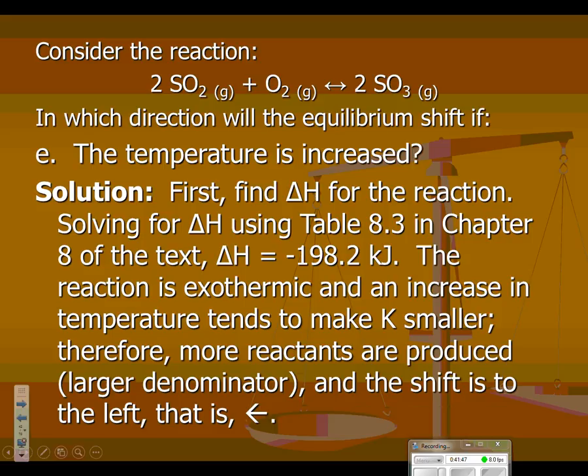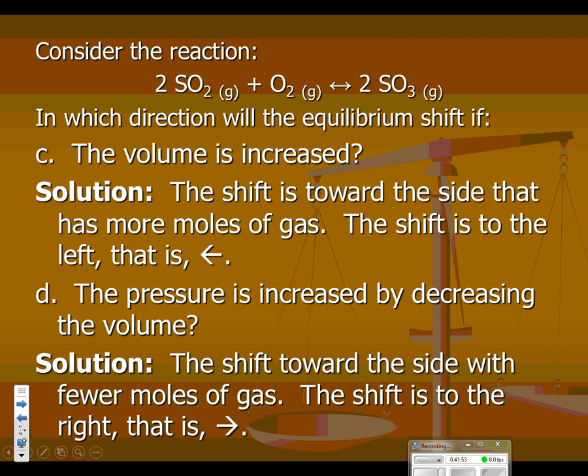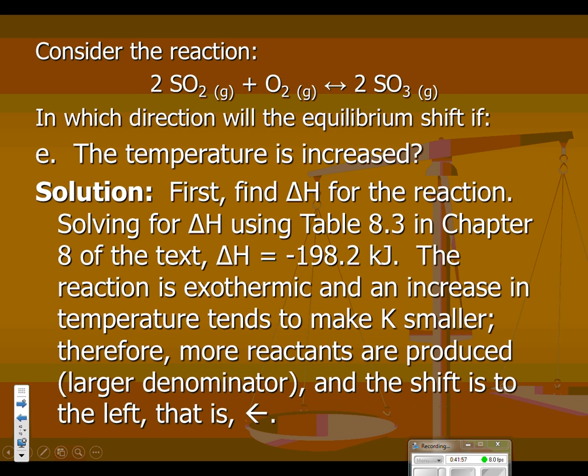Temperature is increased. Well, let me just tell you, first you have to find delta H for the reaction. So if the delta H is negative 198.2, where does the heat go? Left or right? The heat goes over here, on the right of the equation.